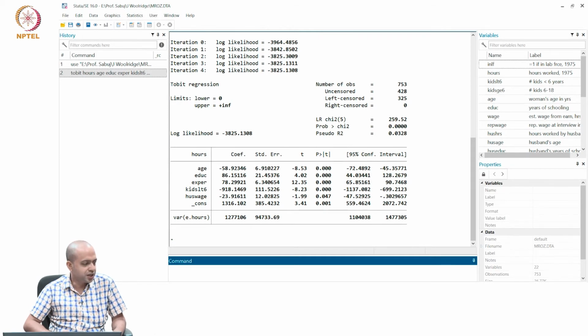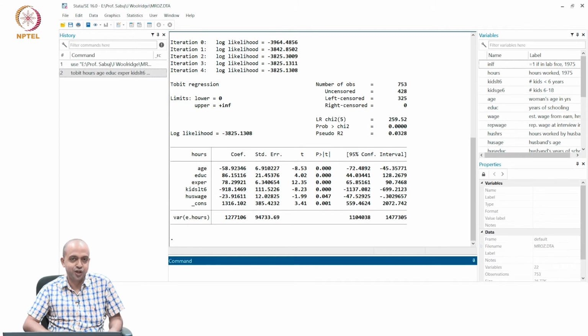That means, can we say that as age increases by 1 unit, or 1 year, the labor supply goes down by 58.92 hours? If we can do so, then we can directly say that these coefficients are actually the marginal effects. Can we do that? The answer is no.